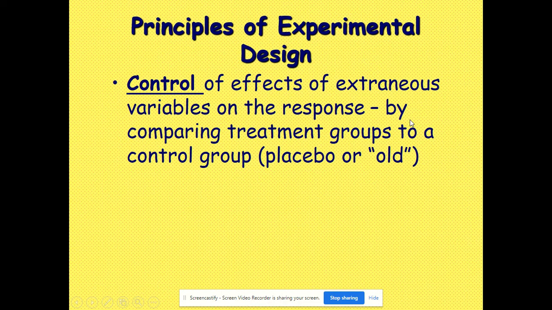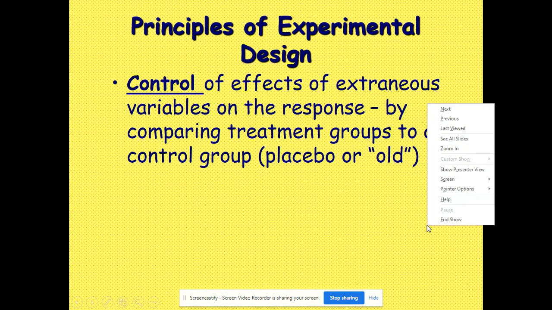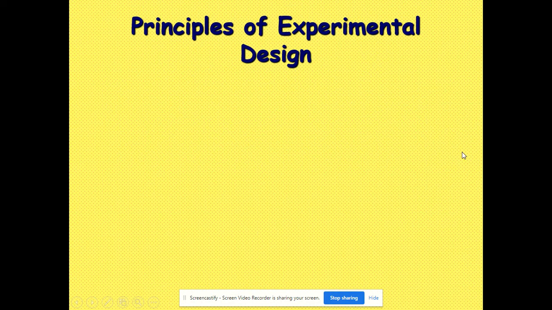So this first thing, control. Control comes in two aspects. We talked about one, which is a control group. We want a control group because we want something to compare to. We also want to control as many things as we can to make everything exactly the same except the one thing we're changing.